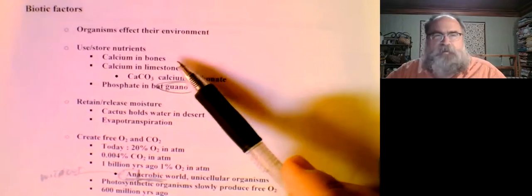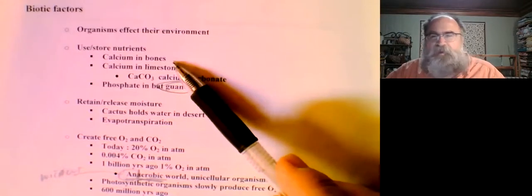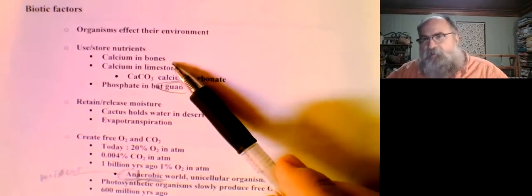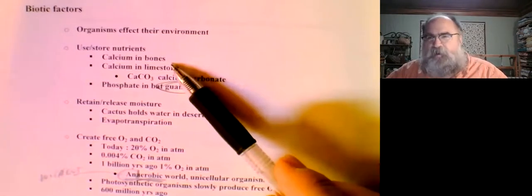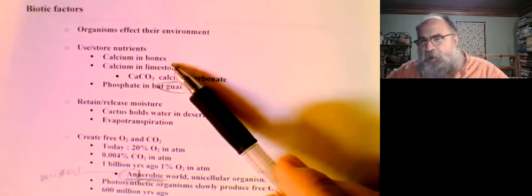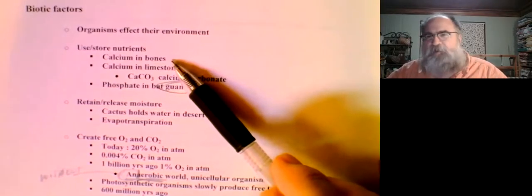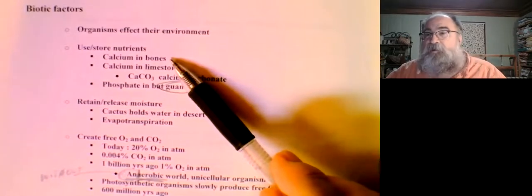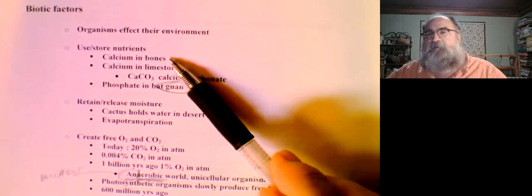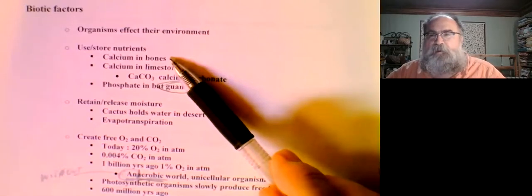And so, well, we store calcium in our bones, and we take it in and out as the day goes on. Sometimes we're extracting calcium, sometimes you're depositing it, and as long as you keep it in balance, you're okay. You don't want to take too much calcium out. As people get old, osteoporosis, right? Osteoporosis, you've been taking out too much calcium and your bones start getting brittle, right?